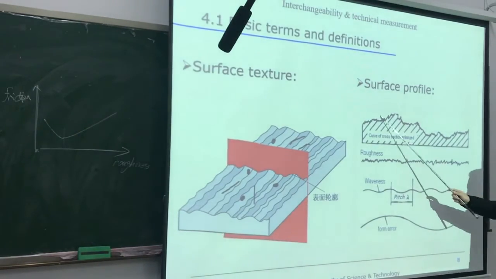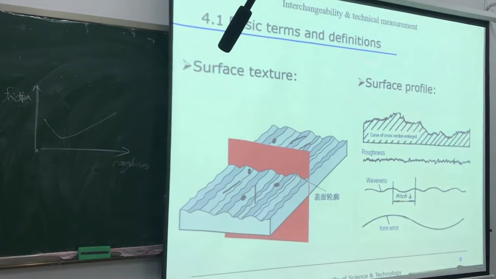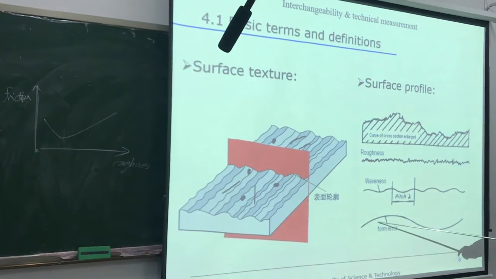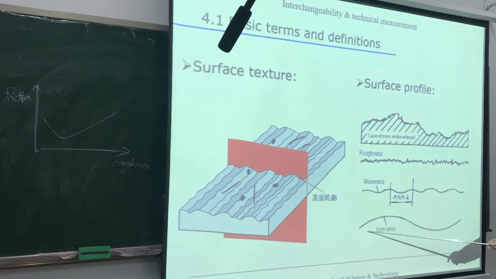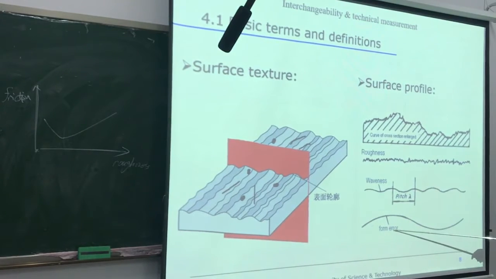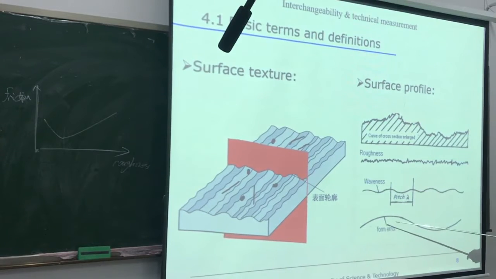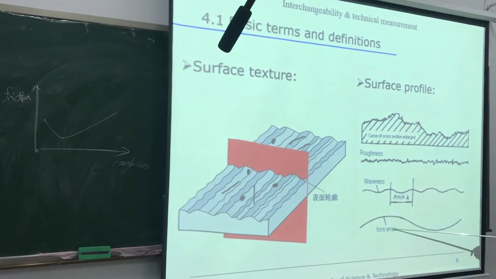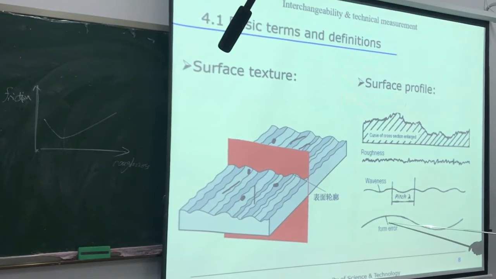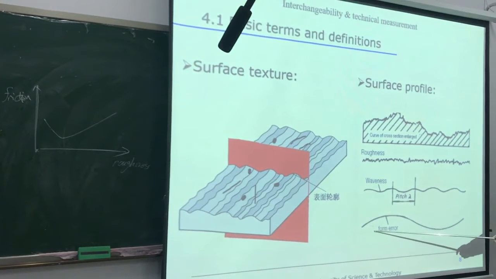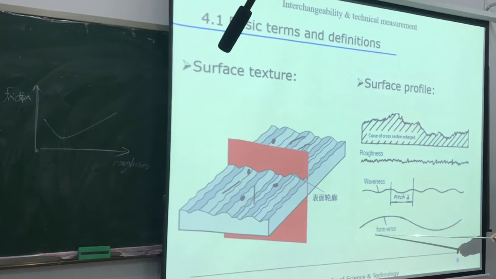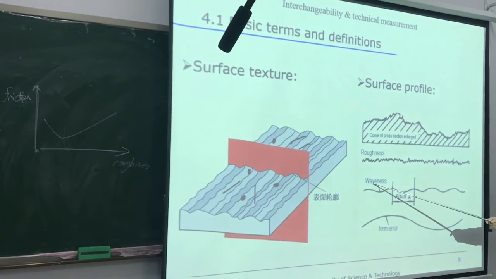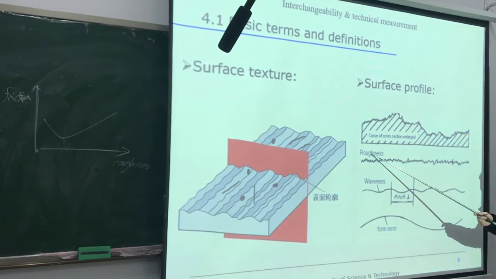The surface profile, in fact, consists of three parts. The first is the form error. This form error we learned in our last chapter, geometrical tolerance, where we got the form tolerance. So when the pitch value is very big, the corresponding component is called the form error. Then we have the waviness and the roughness.